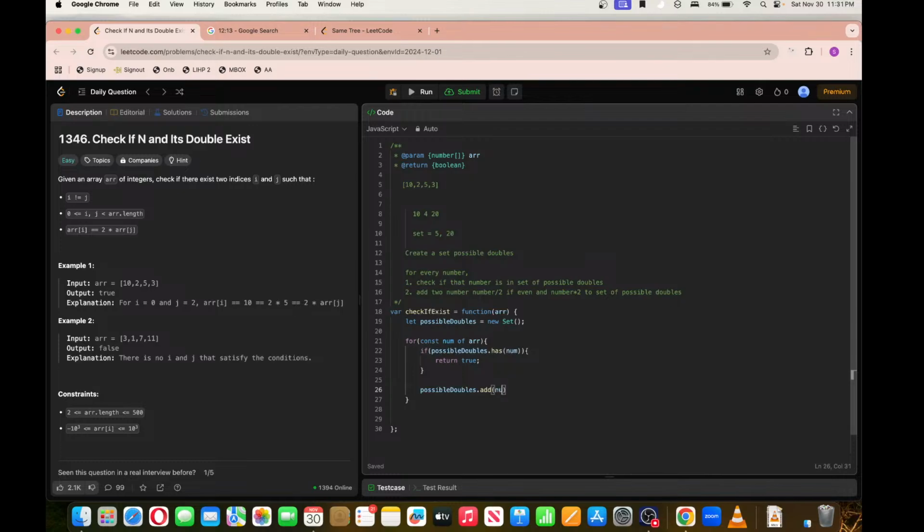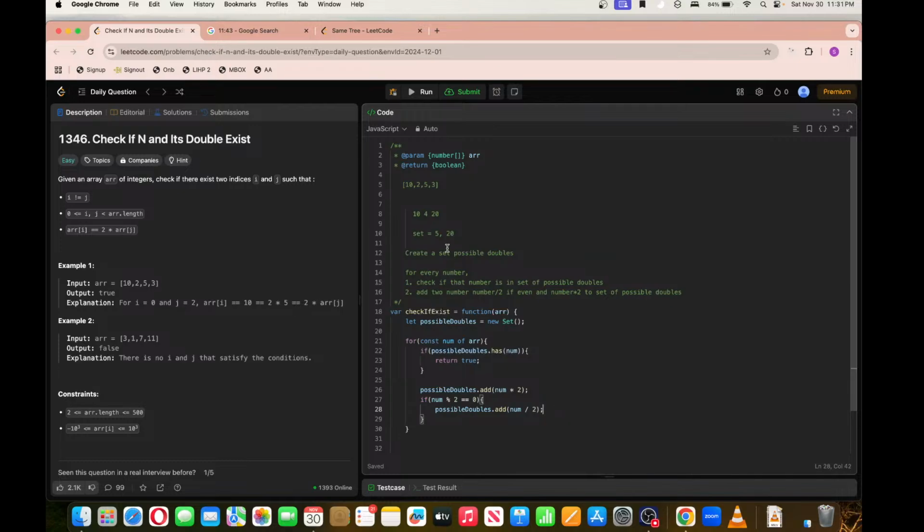Add number times 2 and number divided by 2 as well. If number is 0, then number divided by 2 also add. Yeah, or actually, I can just add number divided by 2.